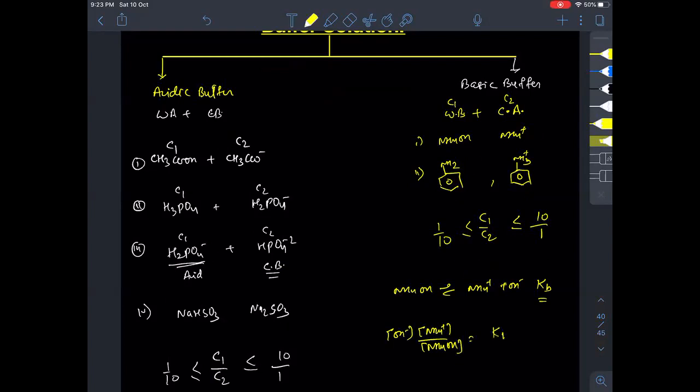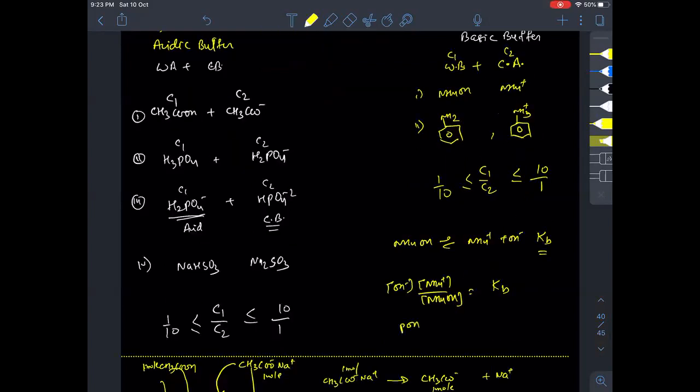And now you can take minus log. So here you will basically get pOH is equal to pKb plus, this time, log of conjugate acid upon base.